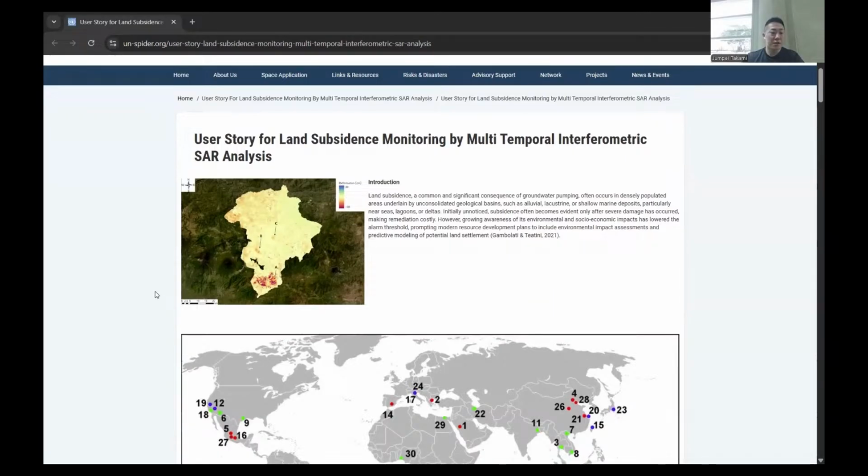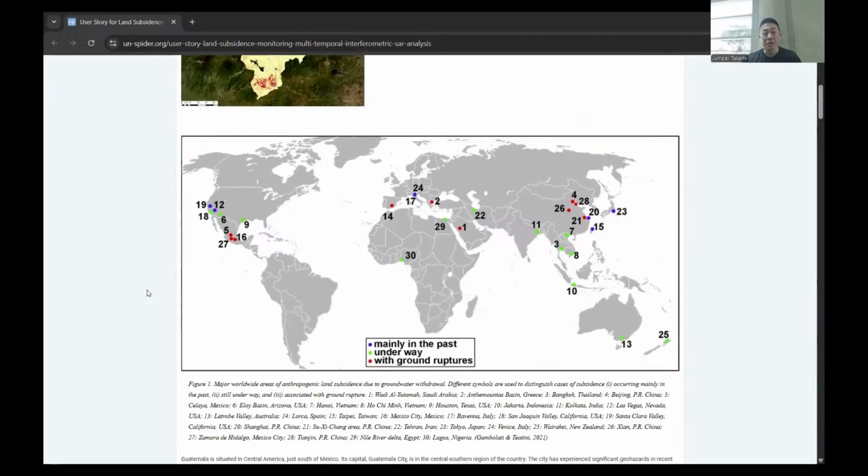In this case, Guatemala City is also facing a very significant land subsidence issue, but not only Guatemala City; of course Jakarta, Indonesia, and many other countries have the same problem.